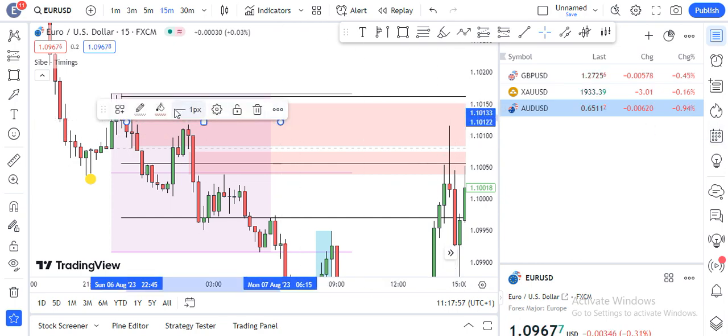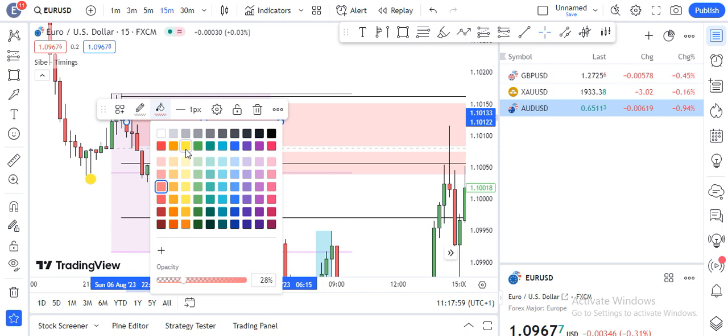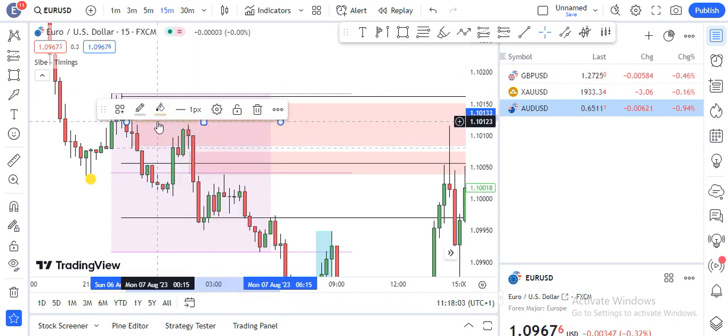So let me change color of this candle. Rectangle.